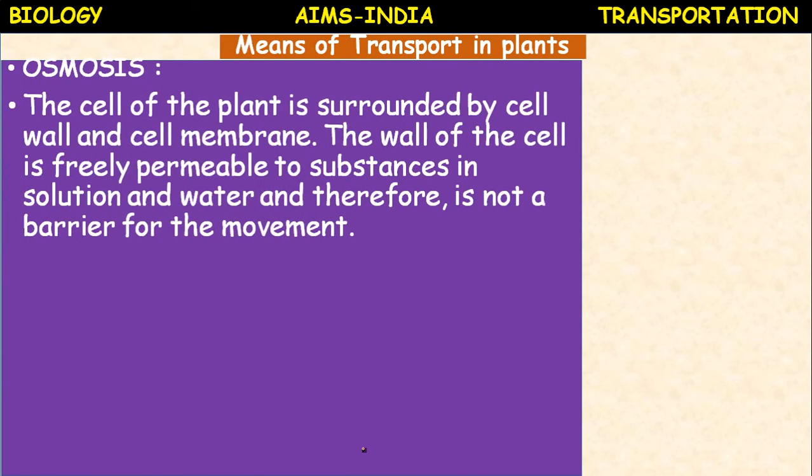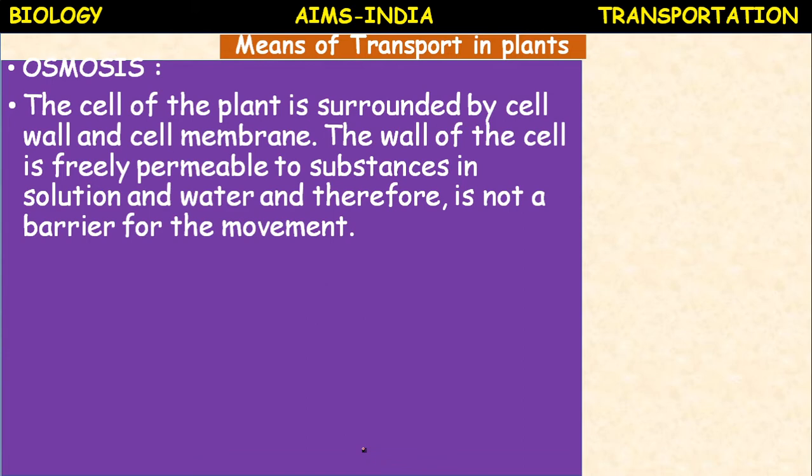Let us know more about osmosis. The cell of the plant is surrounded by a cell wall. Beneath that, a cell membrane. The wall of the cell is freely permeable to substances in solution and water, and therefore is not a barrier for the movement.